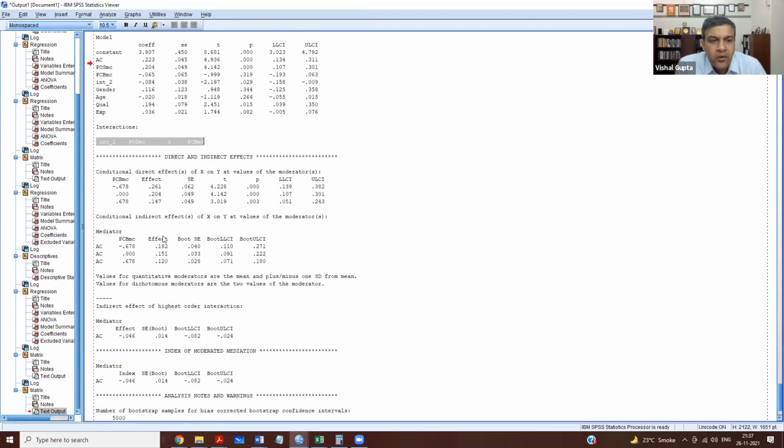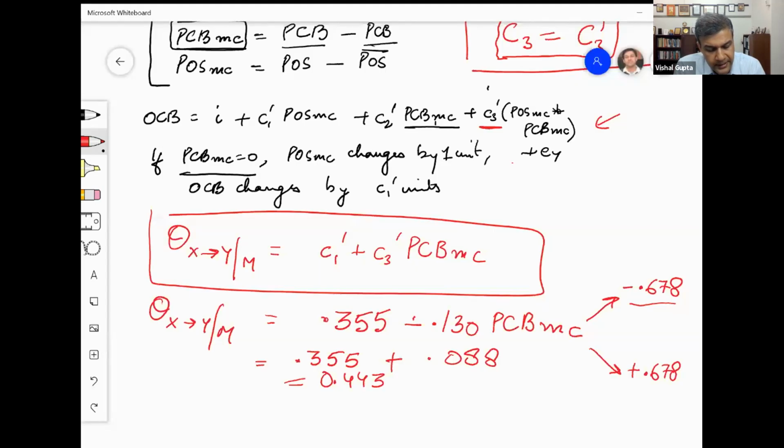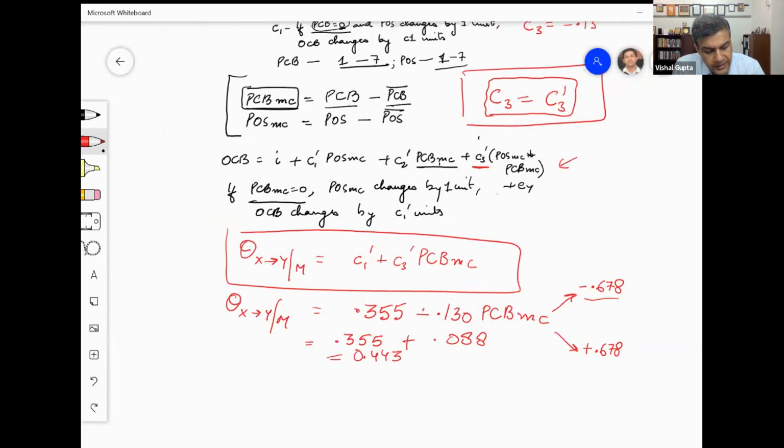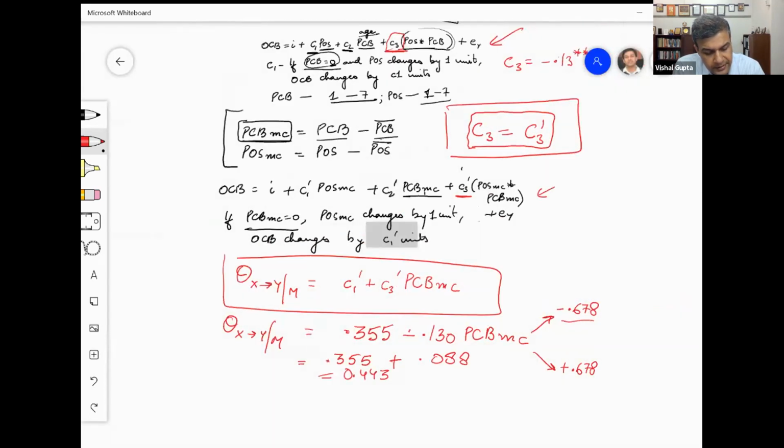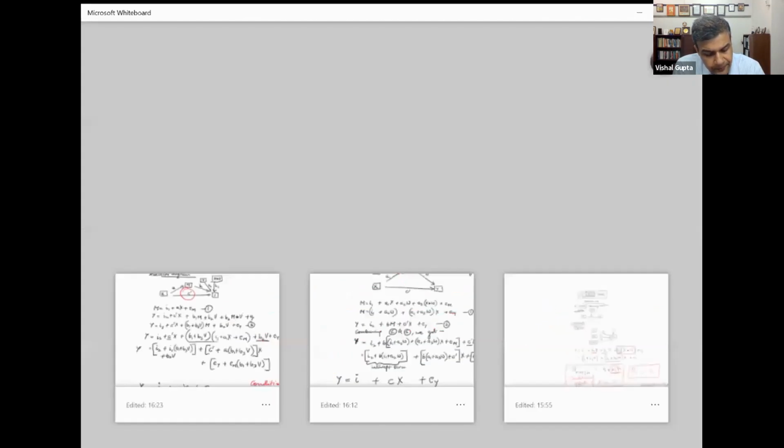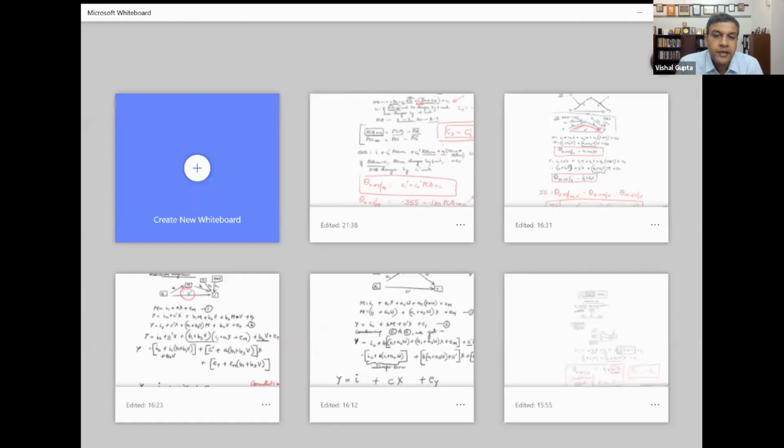Right? Now let us look at the effects. So what will be the conditional effects here? The conditional direct effects. We were talking about this, and yeah, so now let us look at the conditional direct effect.